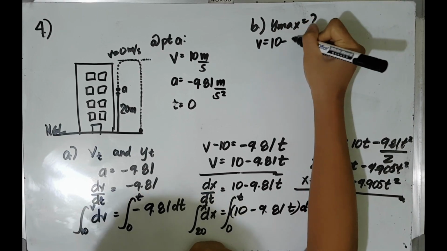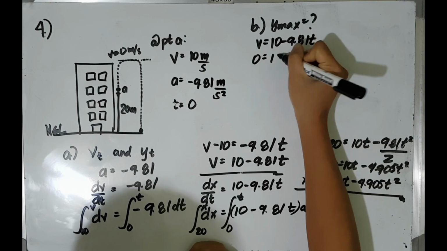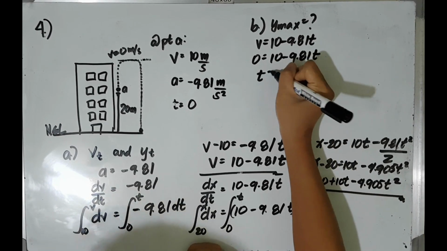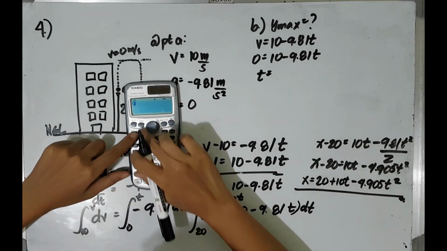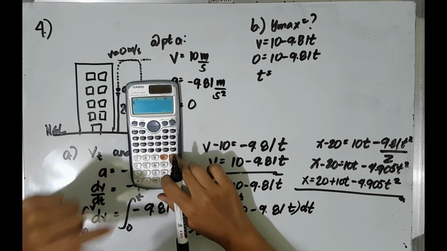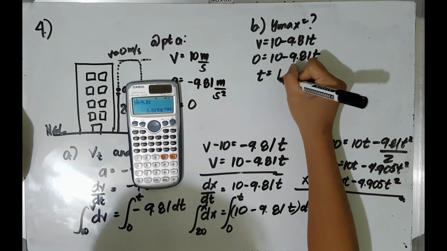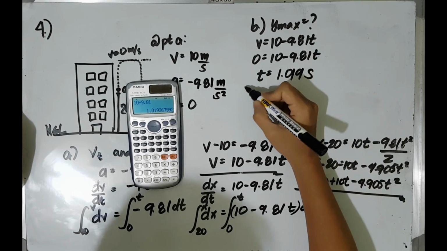So, 0 is equal to 10 minus 9.81 of t. Therefore, our t is equal to 1.019 seconds.